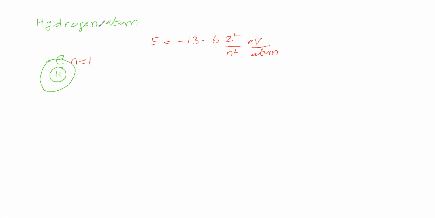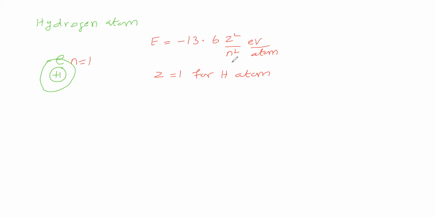Now for hydrogen atom, Z is equal to 1. So Z is equal to 1, we are substituting here.